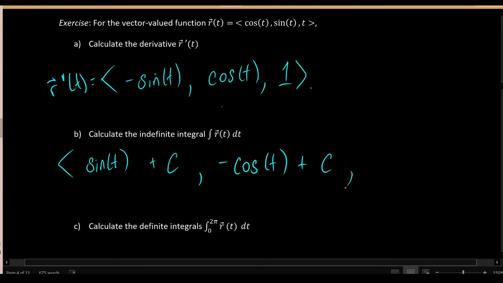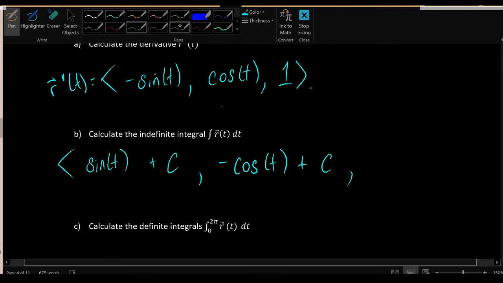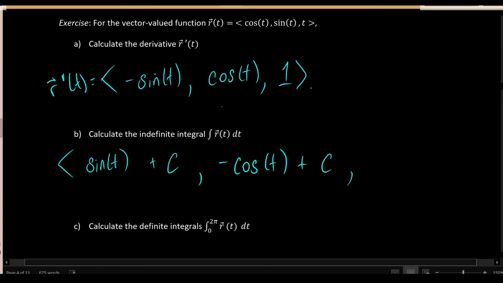However, I can't use plus c in both of these positions because that assumes that the value of c is going to be the same number for both x and for y, and in no way is that guaranteed to be true. The number in the x's position is completely allowed to be different from this added constant in the y's position. So I'm just going to add a little bit of decoration to separate and distinguish these two numbers, give them different names to allow for the possibility that they're going to be different quantities.